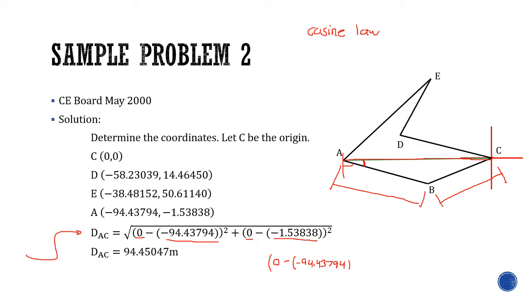Okay, so that is the departure, basically. That is the X distance from A to C. Plus yung Y distance naman: Y coordinate of C minus the Y coordinate of A, negative 1.53838.